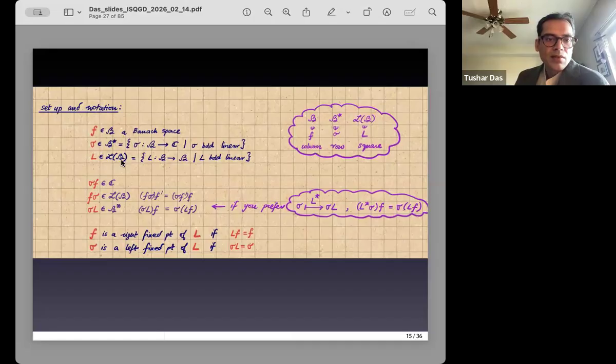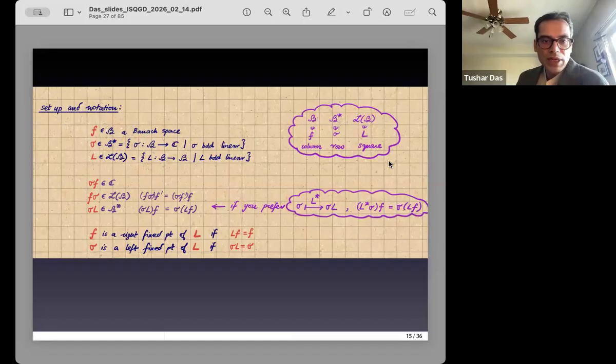And L of B will be the Banach space of all bounded linear operators from B to B. If you're not so familiar with this language, you could just think of L of B being square matrices, elements of B being column vectors, and elements of B star, the dual, being row vectors.